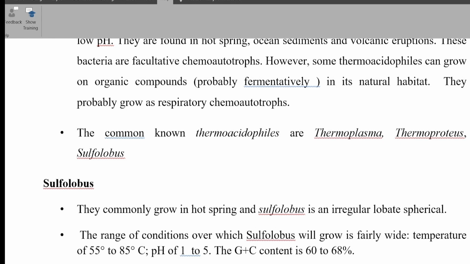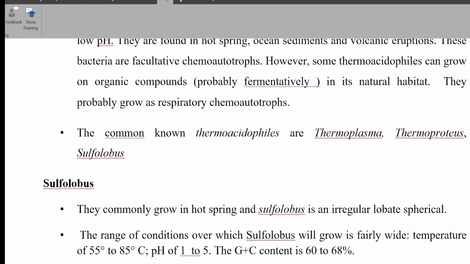If you look at Sulfolobus, they commonly grow in hot springs, and Sulfolobus has an irregular lobate spherical structure. The range of conditions over which Sulfolobus will grow is fairly wide. They have a temperature range between 55 to 85 degrees centigrade.